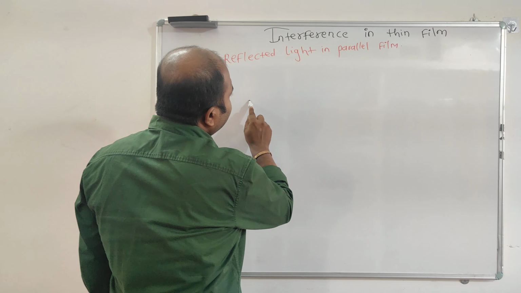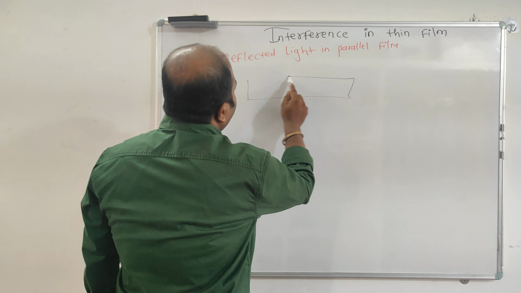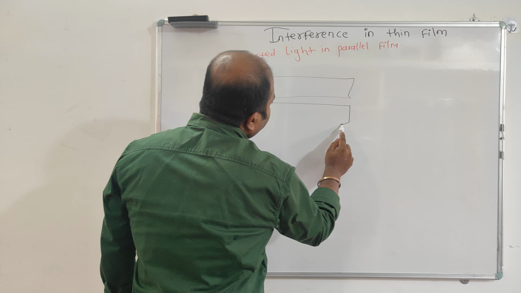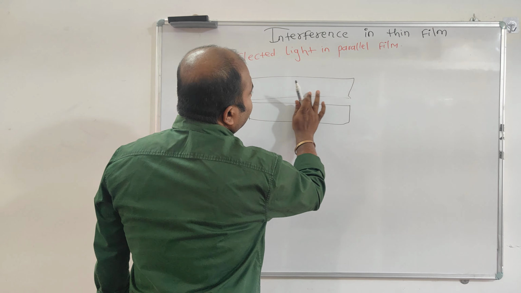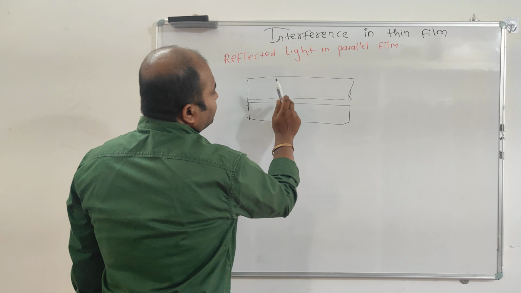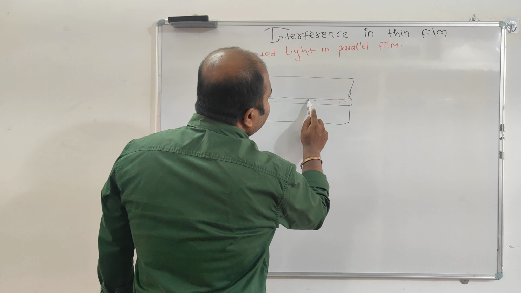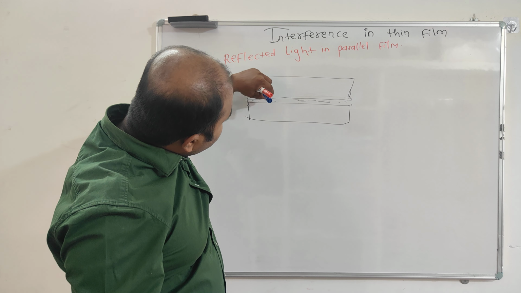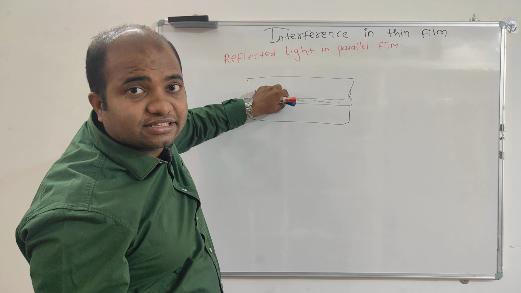Let's assume this is a glass plate, and the next glass plate is also down. There is air, and the thickness should be uniform, right? This gap you are seeing here, if this is air, then this is the film, this is glass plate 1, glass plate 2, and this is some very small thickness, right?